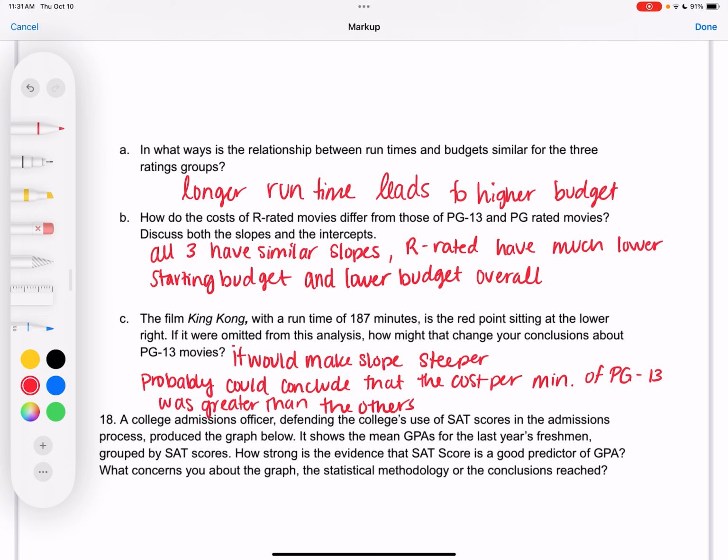Because realistically, it already is kind of greater overall, but especially as movies are getting longer, it would get much steeper, much quicker.